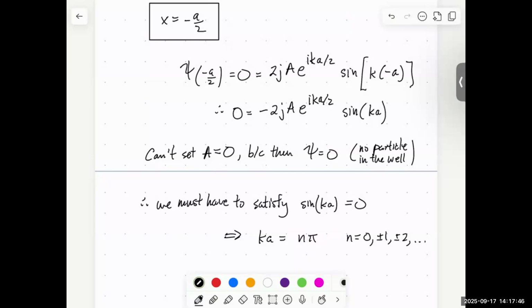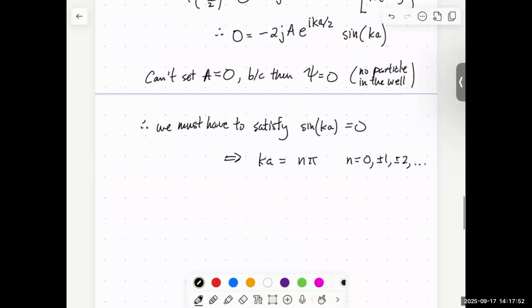And the quantization comes from the boundary conditions. So therefore, K is quantized due to the boundary conditions.